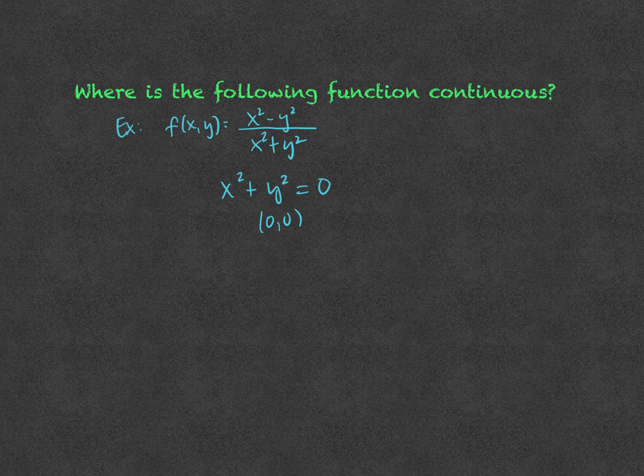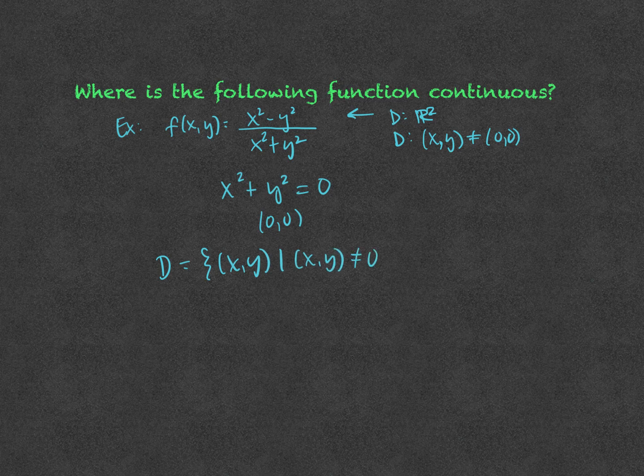Since we have a rational function, the domain of the top is all real numbers, everything in R2, and the domain of the bottom is x,y not equal to the point 0,0. So the domain is the set of x,y such that x,y does not equal 0,0, because that's where we have our discontinuity.